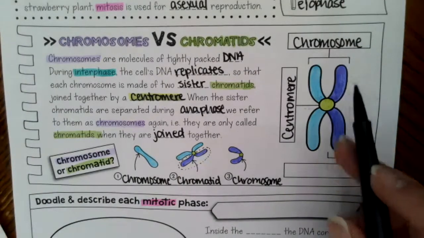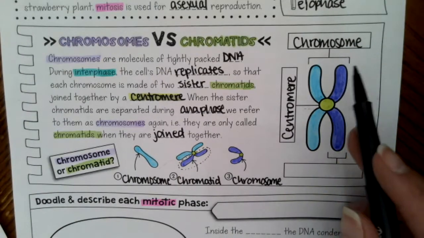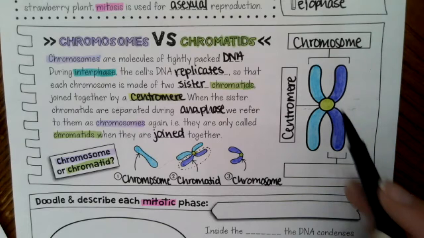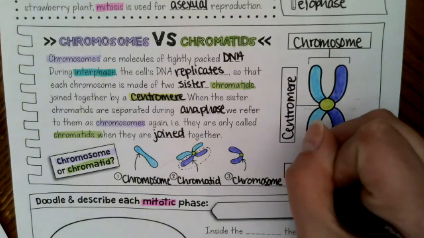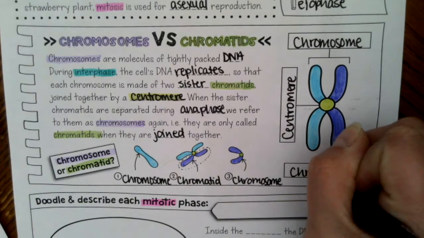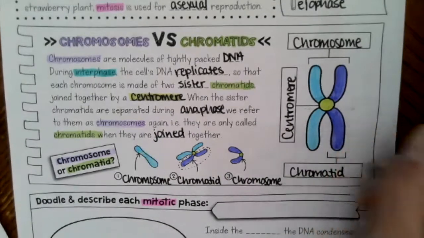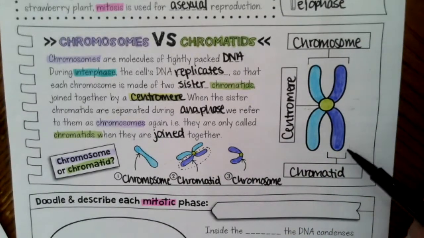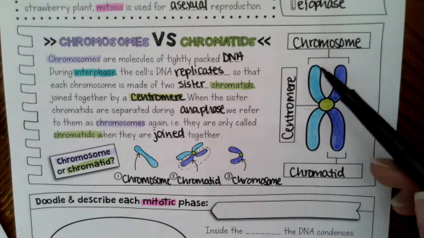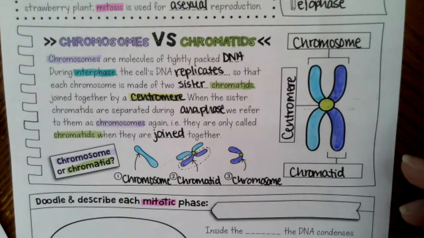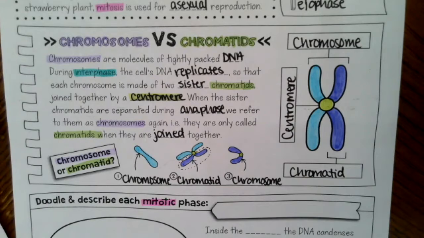Now down here, because we are only talking about this one little dude, this little darker one, this is what we are going to call a chromatid. So once again, we are only talking about this little dude here, but we are talking about chromosomes together. So technically 2 chromosomes.